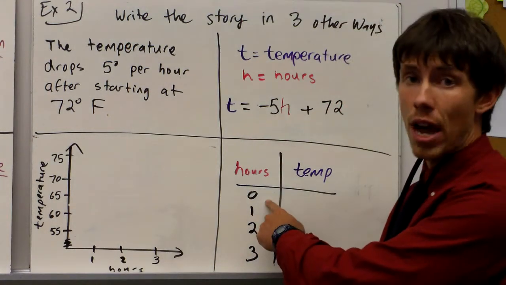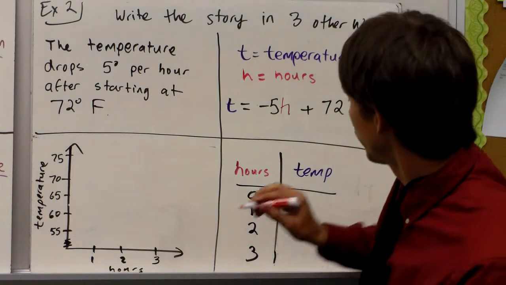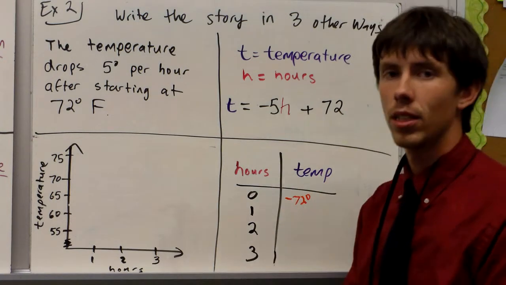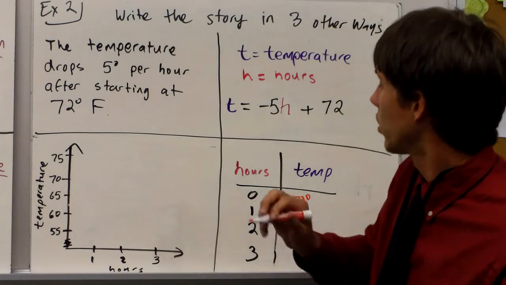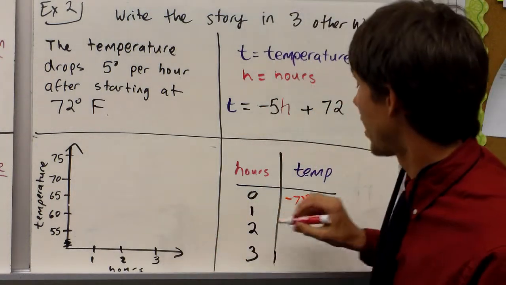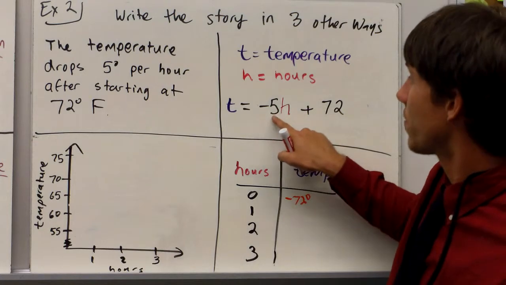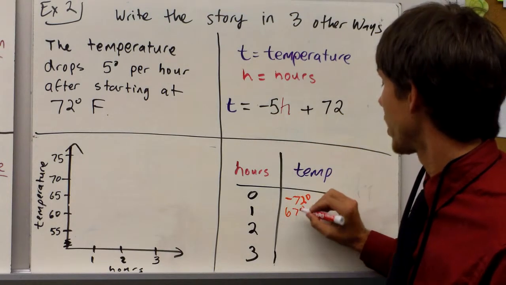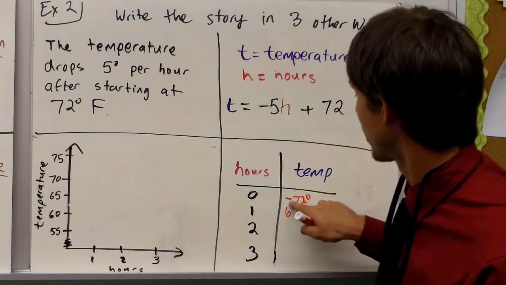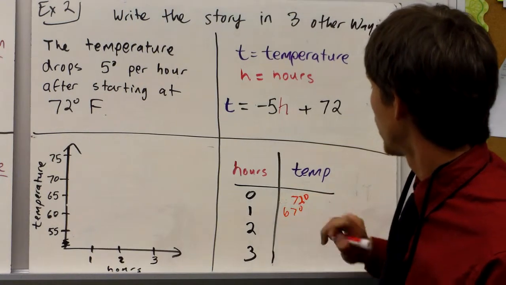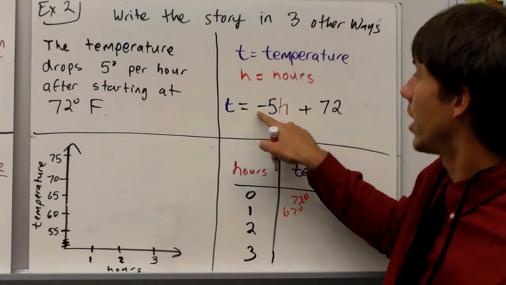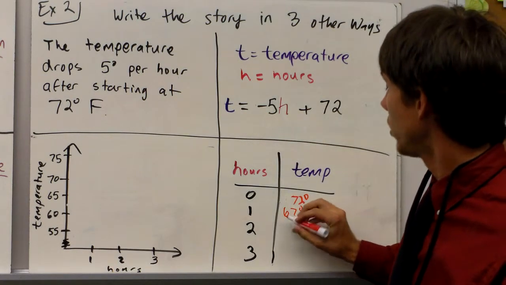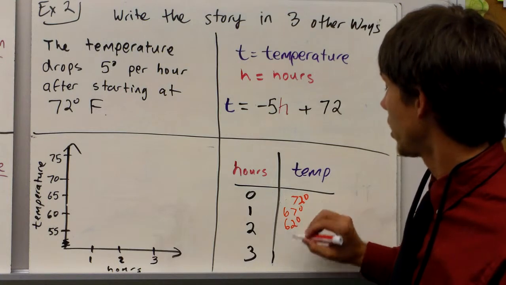So after 0 hours, the temperature is going to be 72 degrees. After 1 hour, we have to do 72 minus 5, or negative 5 times 1 plus 72. It's going to be 67 degrees. And then after 2 hours, negative 5 times 2 is negative 10, plus 72 gives us 62 degrees.